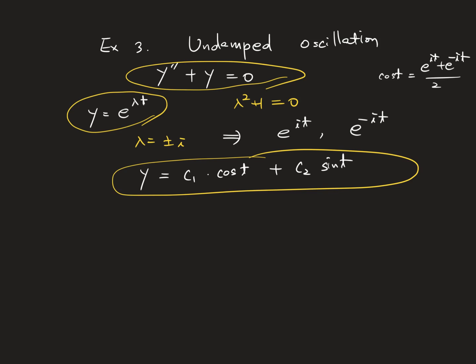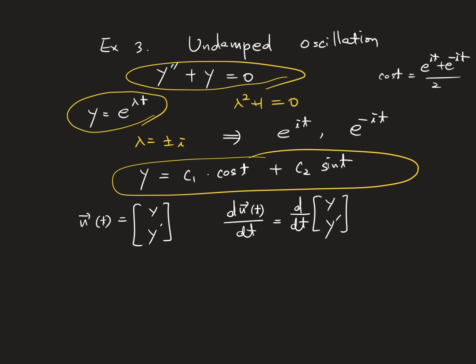But we can solve this equation using a matrix. So u of t, we just write it as (y, y prime), and du/dt will be d/dt of (y, y prime), which is the matrix [0, 1; -1, 0] times (y, y prime). In this example, we know that this is u of t.